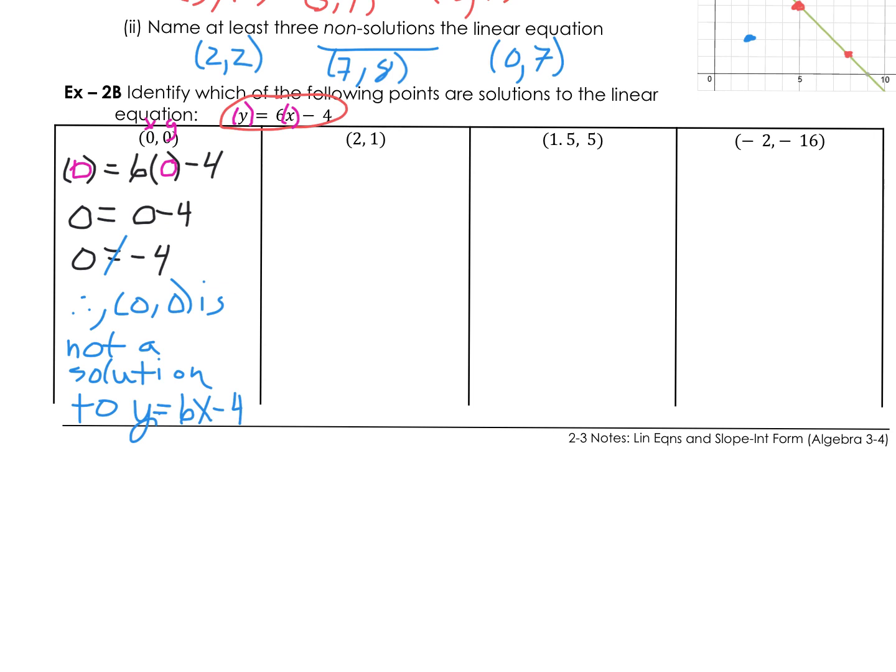Okay, so hopefully you paused the video, but I'm going to label each of these x and y, x and y, x and y. And then I have all of my templates that I'm getting ready to substitute into.